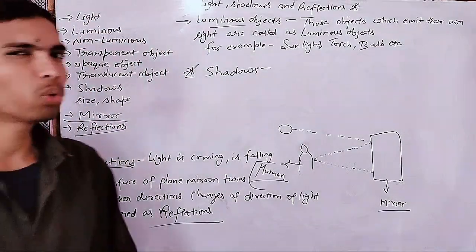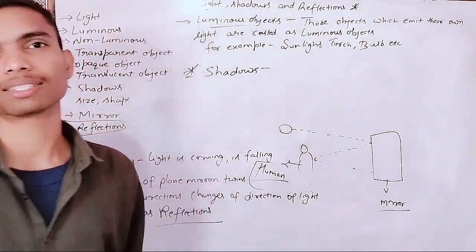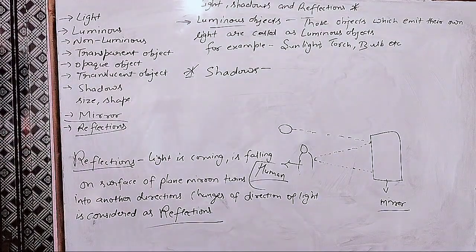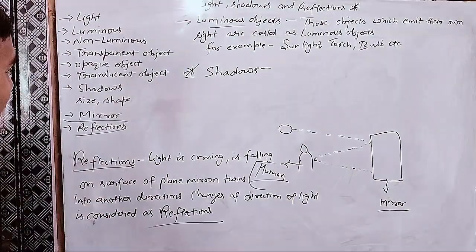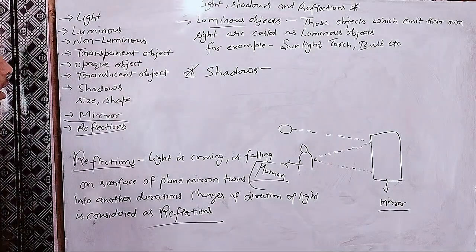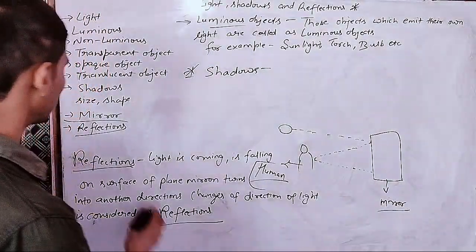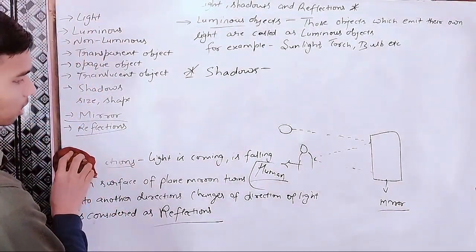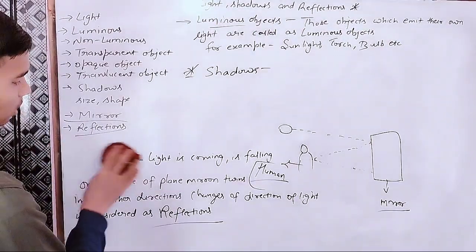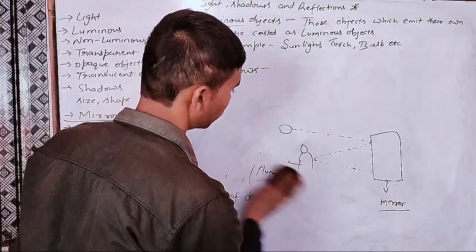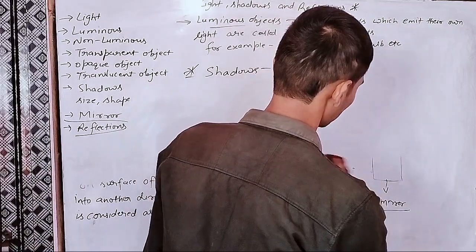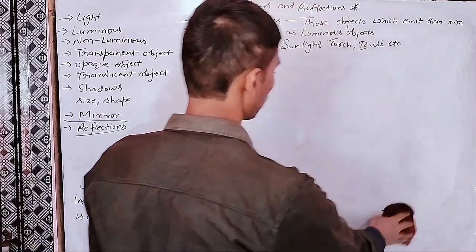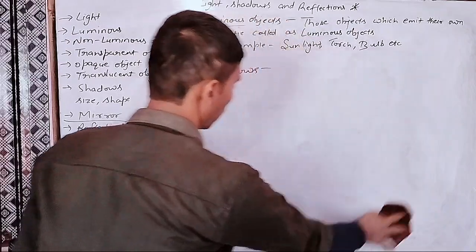So how would you prove that light is traveling in a straight line? Do you have any evidence? Do you have any idea to prove that light travels in a straight line through an activity?